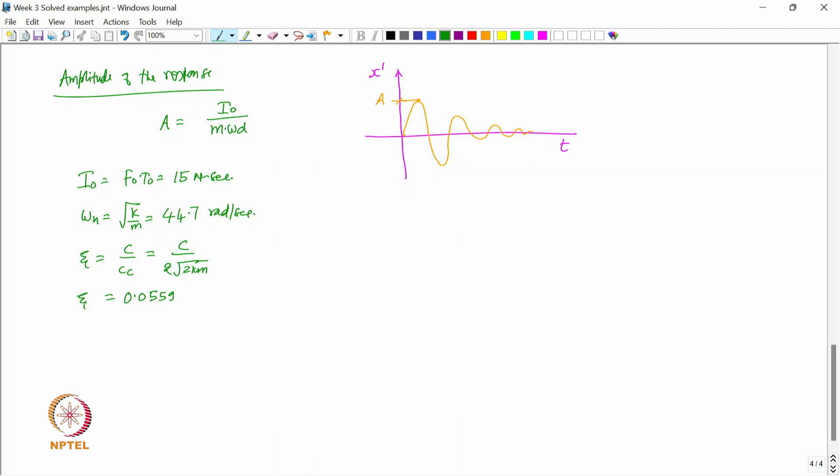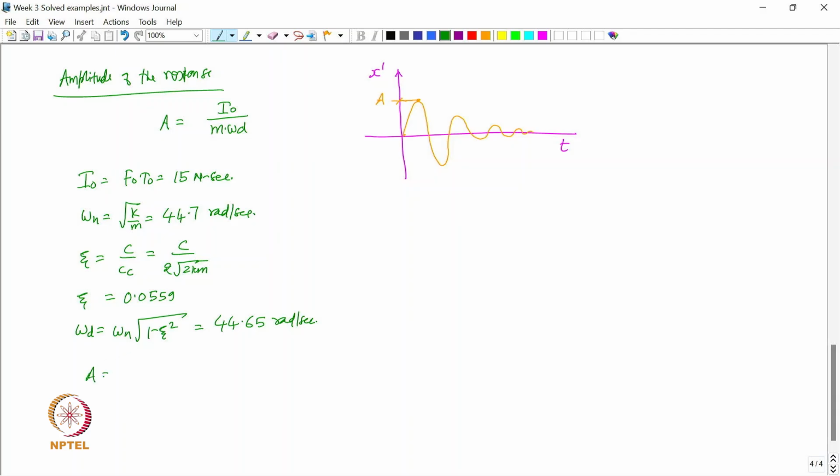0.0559 as damping factor, and then I can find omega d. I can substitute omega n and zeta here, and I get the value as 44.65 radians per second, right, because damping factor is small. So, that is why omega d is only slightly smaller than omega n.